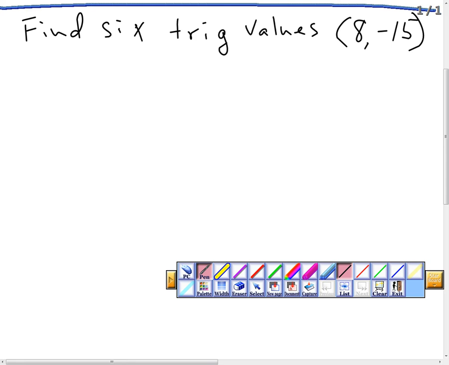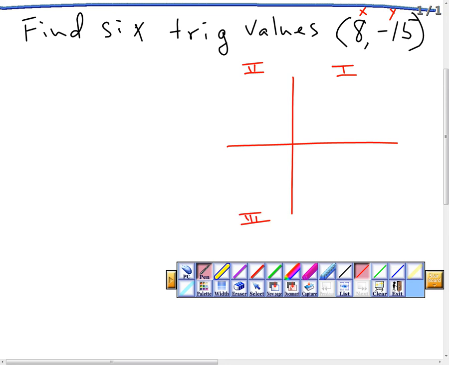So basically, here, you want to draw your coordinate plane. Here's your x, here's your y. X is positive in the first quadrant, but x is also positive elsewhere. If this is quadrant 1, 2, 3, 4, what quadrant are we in with a positive x value and a negative y value?